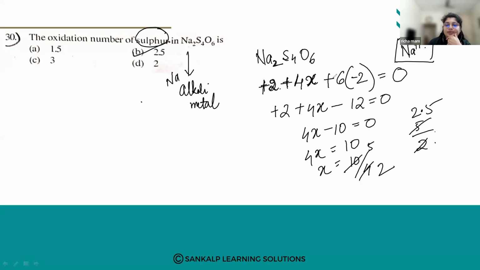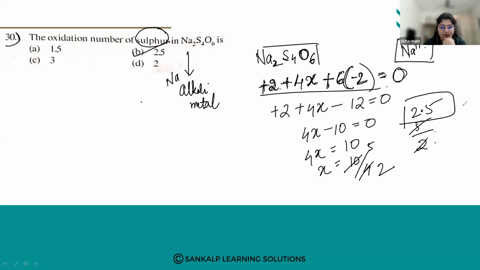So 4x plus oxygen, there are 6 oxygen, each oxygen is -2, the common oxidation state of oxygen. There is no charge here, so it will be 0. You solve this and you are going to get 2.5. Is it clear?